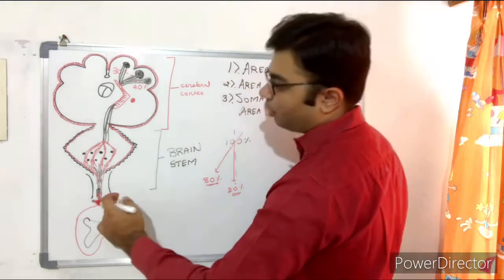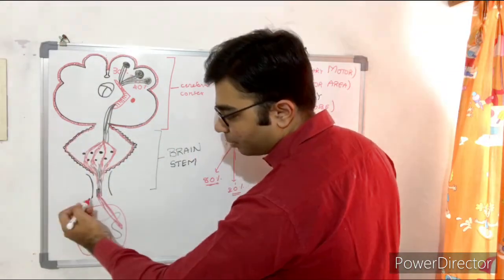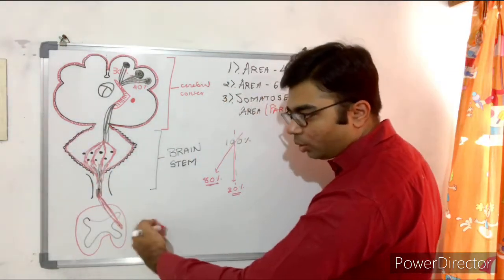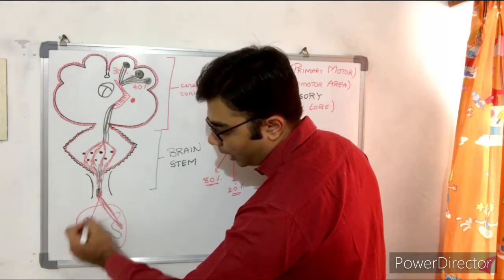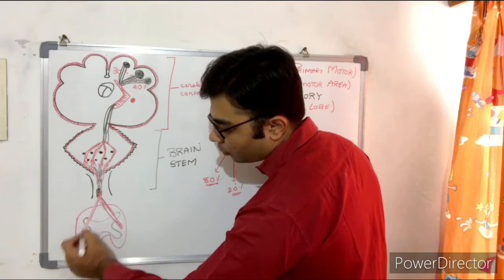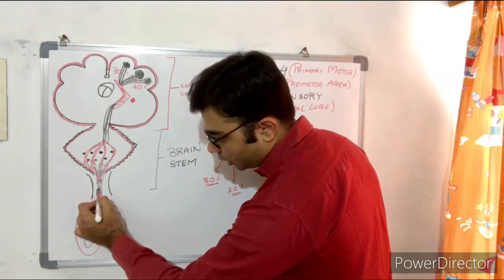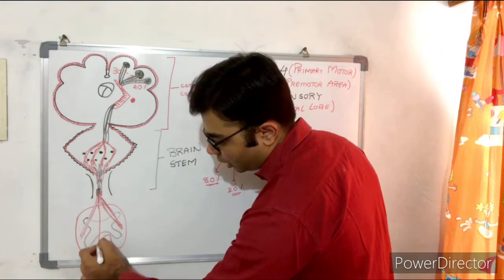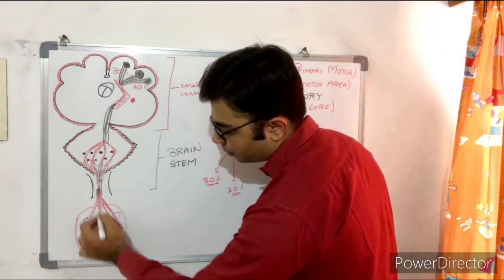Suppose this is the left side and this is the right side. The left side fibers cross the midline, coming to the right. From the right side, fibers are crossing the midline and reaching the left side. And the remaining 20% remain in the same direction. They do not cross.